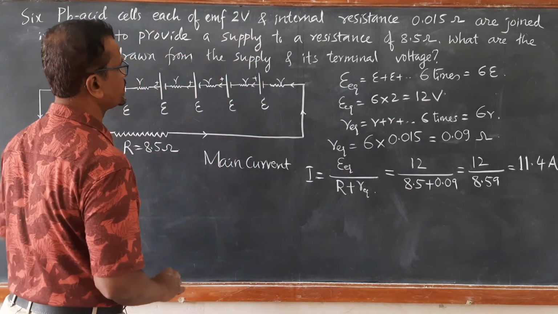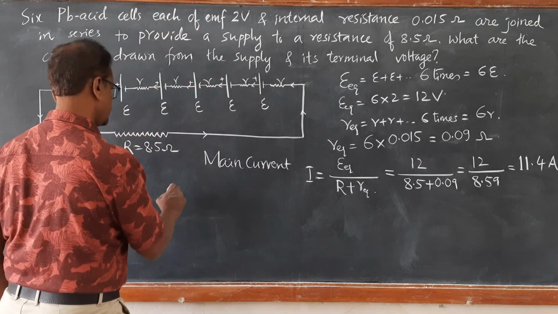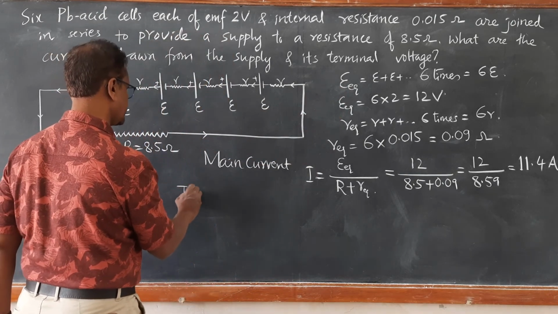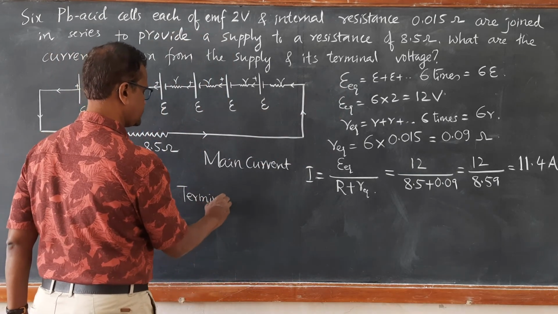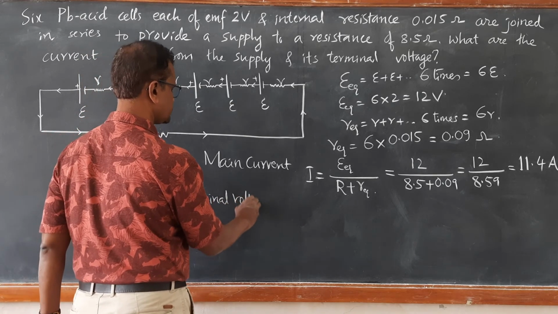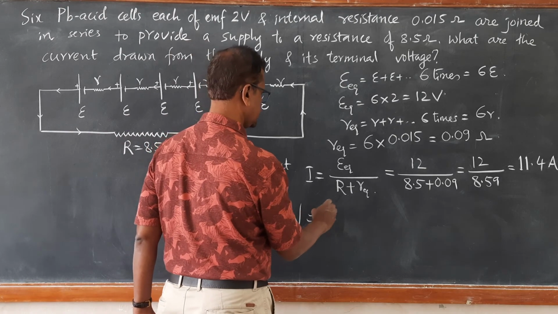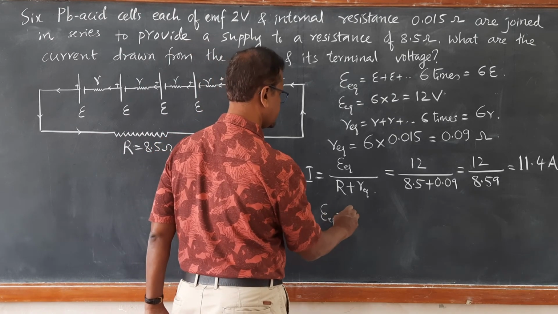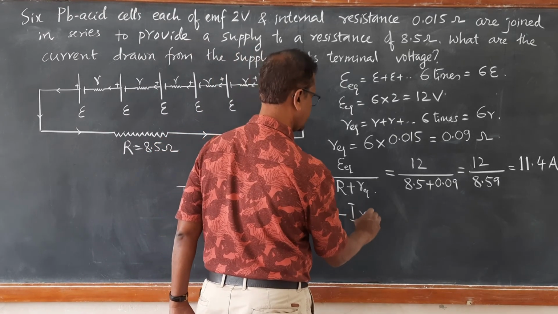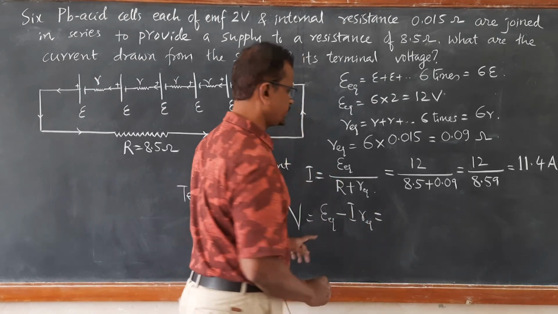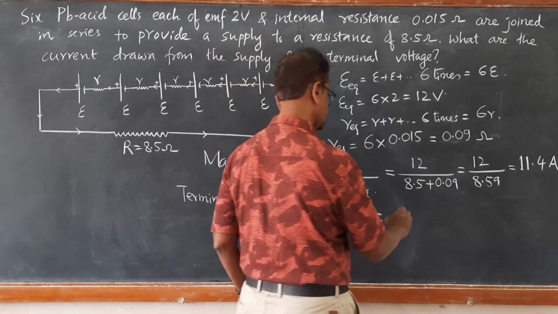Now we can find out what is its terminal voltage. For a combination, terminal voltage also we know. Terminal voltage V equal to E equivalent minus I into R equivalent. We got E equivalent 12.